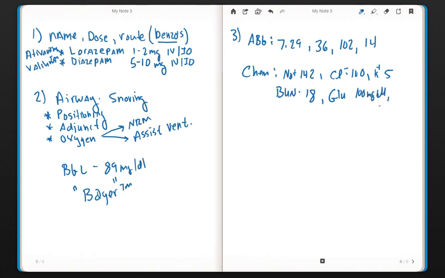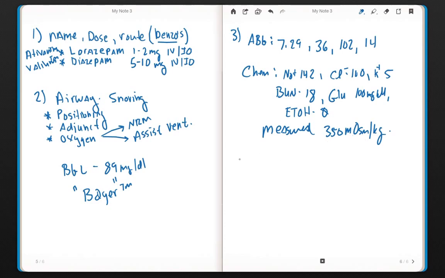So these are non-SI units. And we also did an ethanol level, or an ETOH, which is 0. And then we also performed a measured serum osmolality, which is reading 350 milliosmoles per kilogram in this patient.